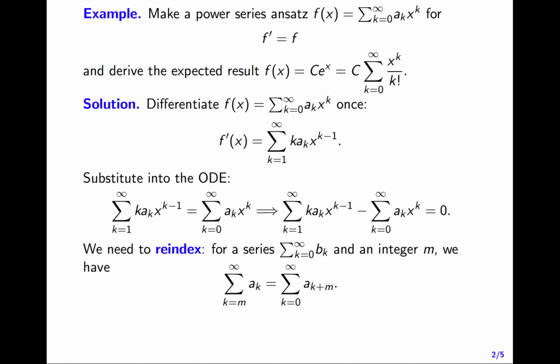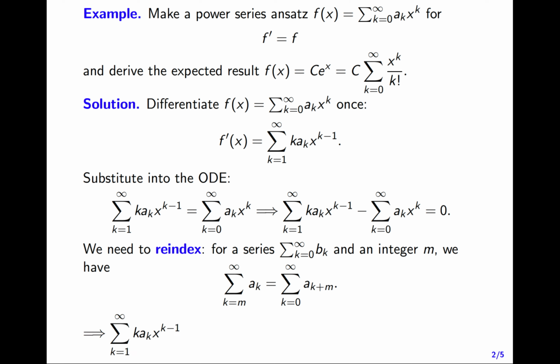And say you have an integer m. Then the sum from k equals m to infinity of bk is equal to the sum from k equals 0 to infinity of b(k plus m). So if you switch around the lower index of summation and the index inside the series, you can rewrite that sum in two different ways.